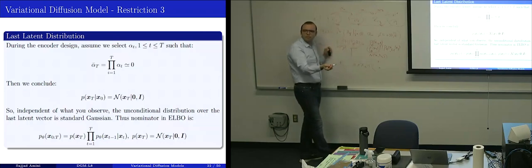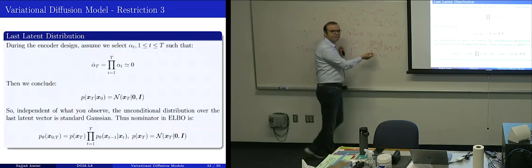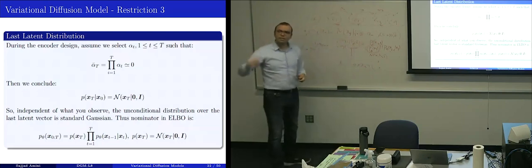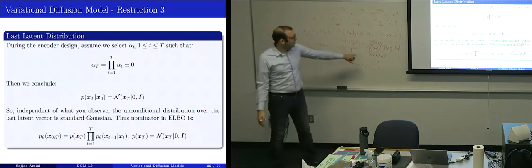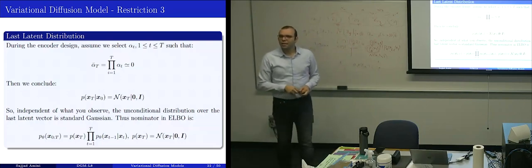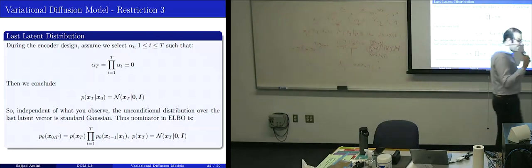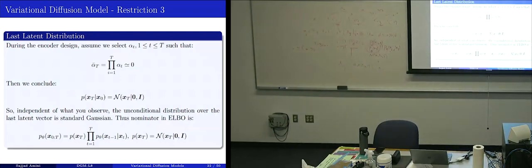We selected a standard Gaussian. The same thing happened here. The prior over the last latent is exactly similar to the vanilla VAE, which is the standard Gaussian. This is the result of your encoder. You design your encoder so that the last one is always a standard Gaussian distribution. It is very important because first, it simplifies your joint, and second, it will simplify your generation after you train your model.